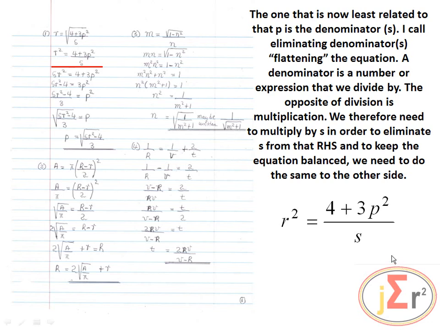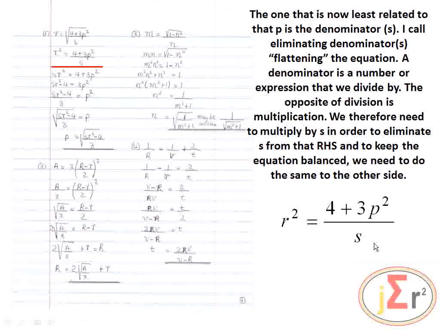So the next, well, we have eliminated the square root already, and we should take the same approach again. What do we have there that is least related to the proposed subject? The answer is S. We therefore eliminate S at this stage. And it is a denominator, something that we are dividing by.